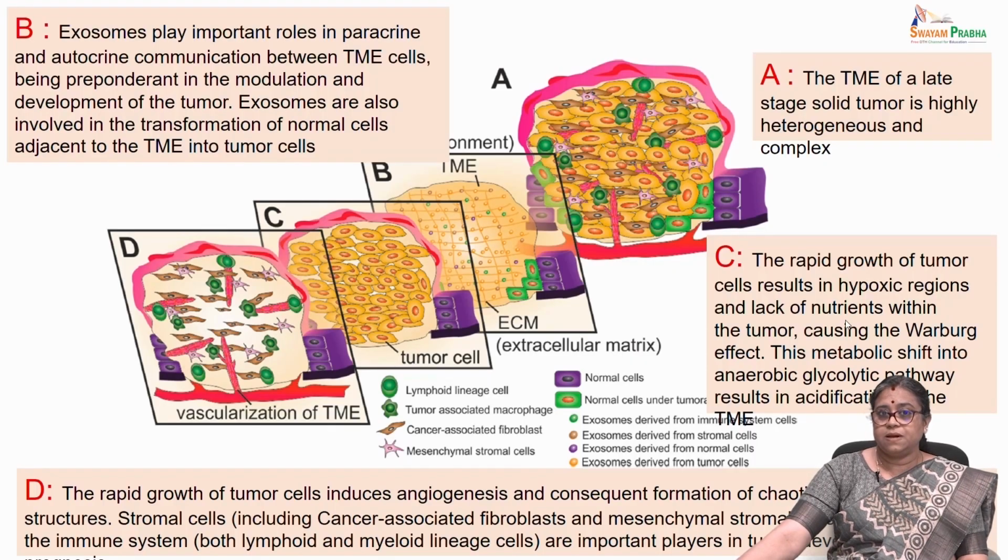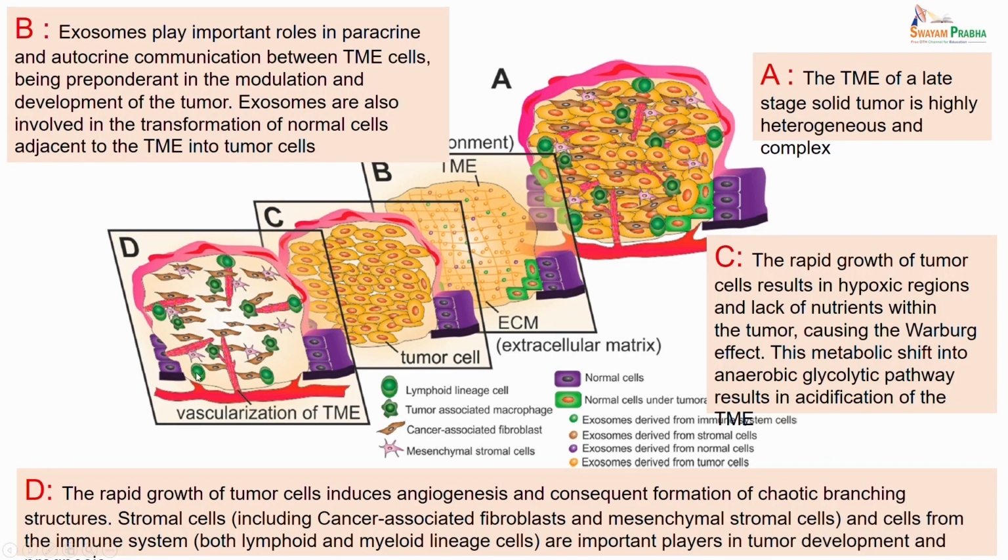When the blood supply is limiting due to excess proliferation, it leads to an area of hypoxia, that is less oxygen, and lack of nutrients within the tumor, which will again cause the Warburg effect. So there is a metabolic shift to the anaerobic glycolytic pathway, which leads to acidification of the tumor microenvironment. As we saw, due to an excess of lactate production, the acidification increases within the tumor.